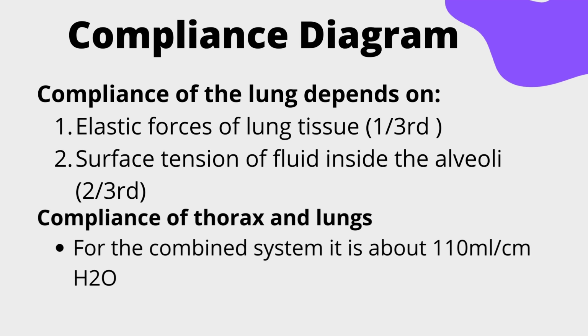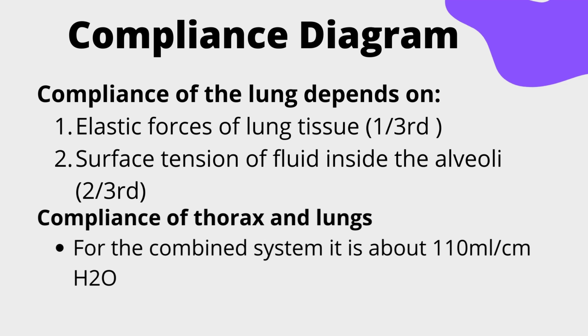Now, the compliance diagram. The compliance of the lungs depends upon the elastic forces of the lung tissue. About 1/3 of the total compliance is contributed by the elastic forces, and the second one is the surface tension of the fluid inside the alveoli, which contributes about 2/3 of the total compliance.